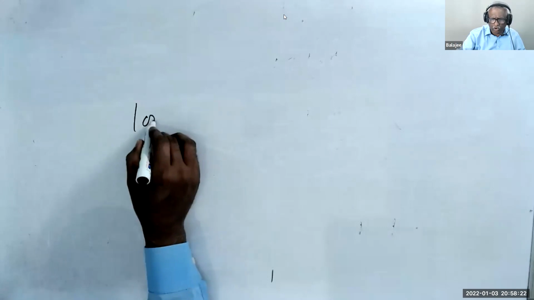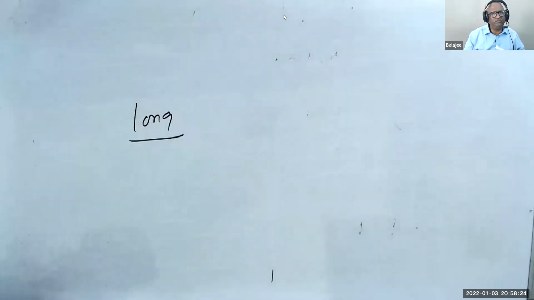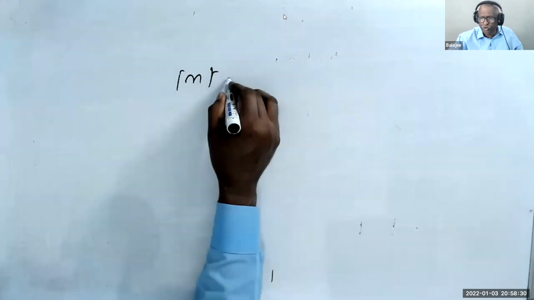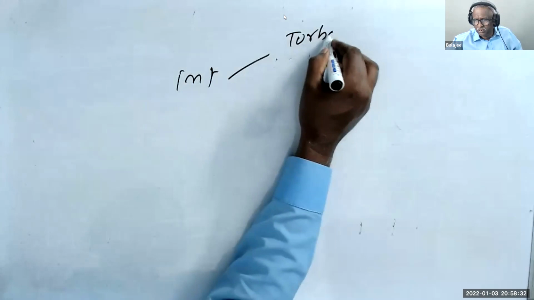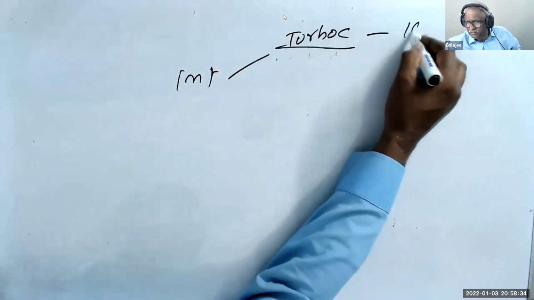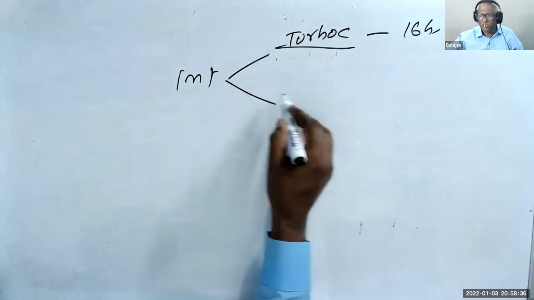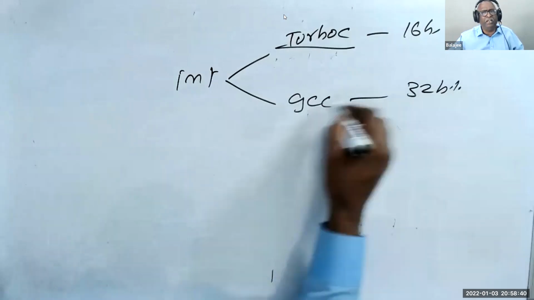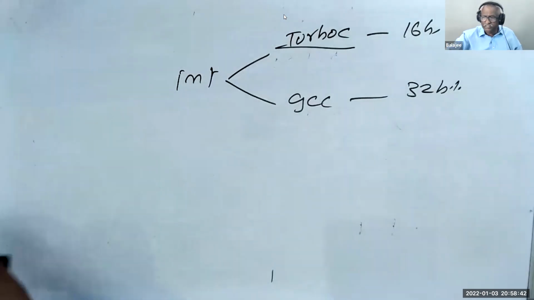Use always long. It's a very good one. It will work on any program. If you use Turbo C, that assumes it as 16-bit. Your GCC accepts int as 32-bit. Different compilers will take it differently. So always use long, because long means always 32-bit.